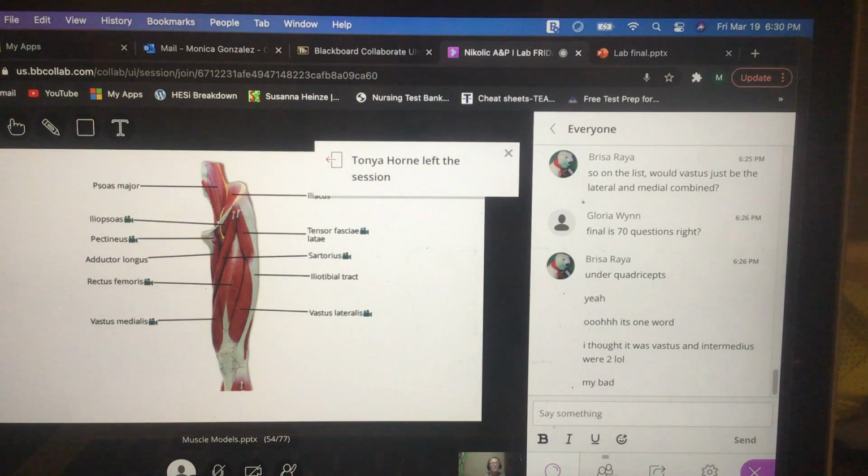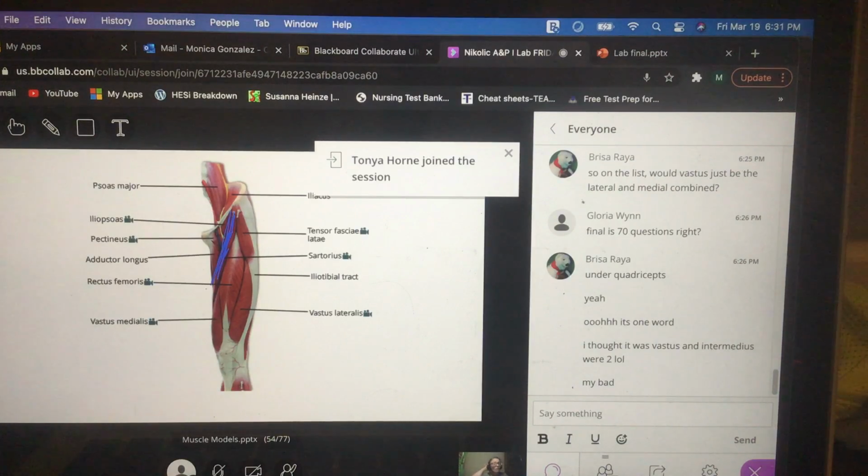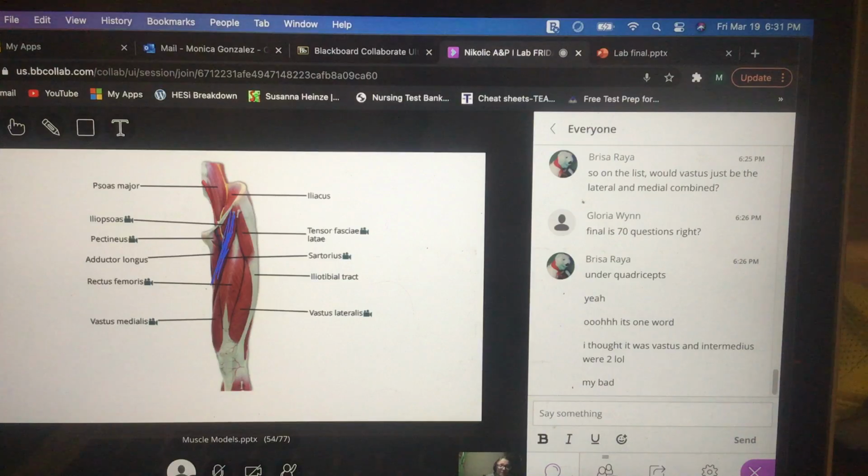All right, awesome. So with that being said, we're going to make a medial sweep of this row of muscles. What do I mean by that? Starting at the sartorius, which is very easy to see, we already talked about it. If I go medially, don't say right, don't say left, say medially, the first muscle I'm going to run into is the iliopsoas.